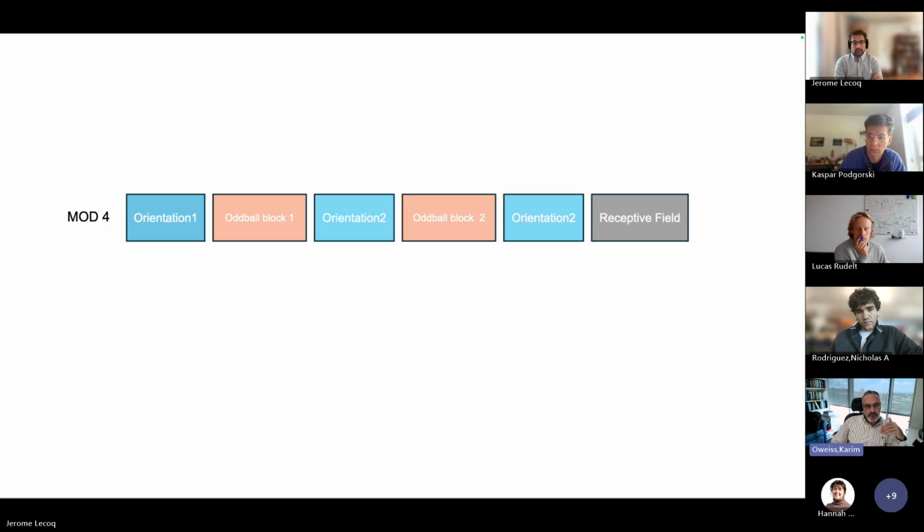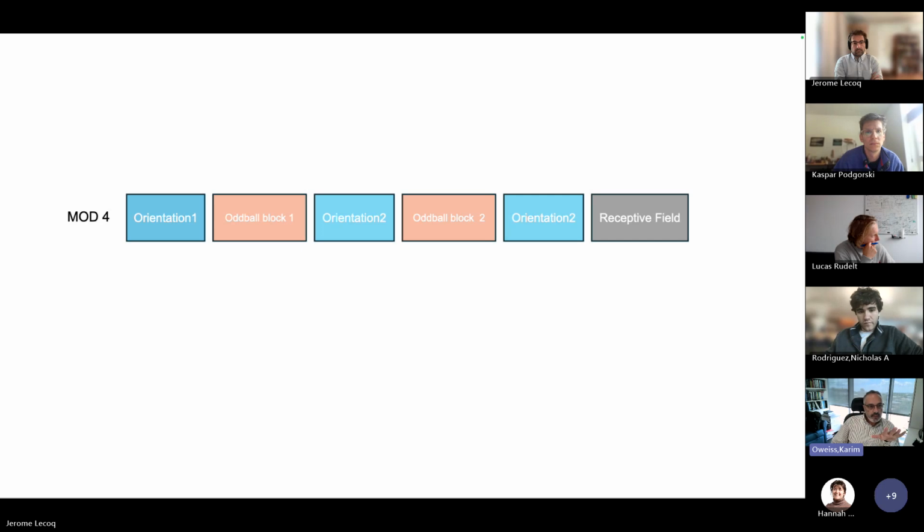Given that what we are trying to detect is this response to the odd stimuli, what if we consider a small number of trials at the beginning in orientation 1 blocks or 2 blocks, or any of the orientation blocks, where we determine the extent of adaptation that happens to repetition of the same stimulus, and have that aside as a way to normalize or to subtract off from whatever we're actually looking at.